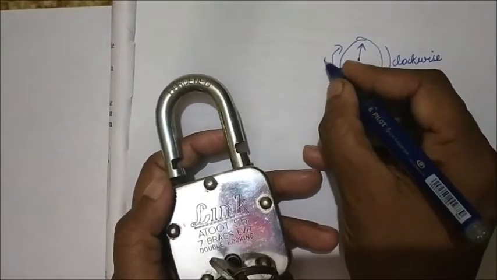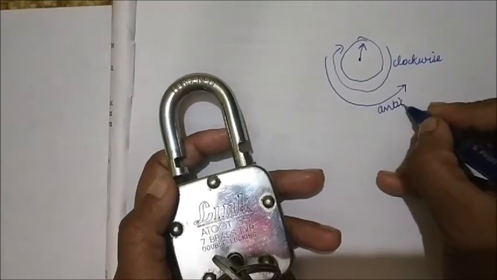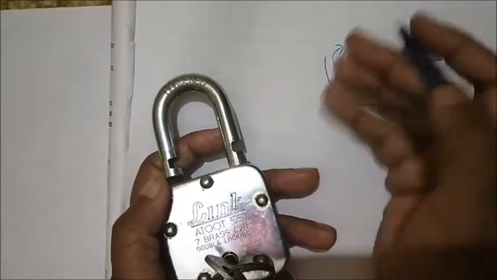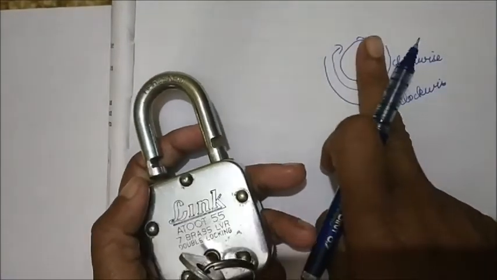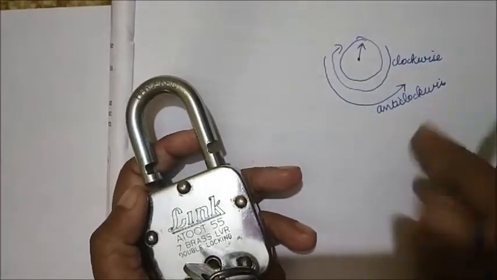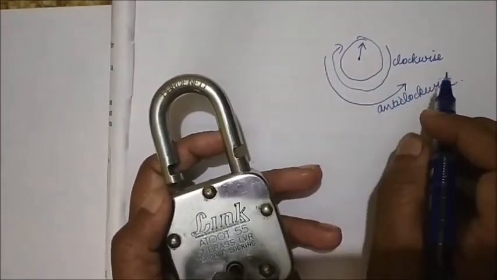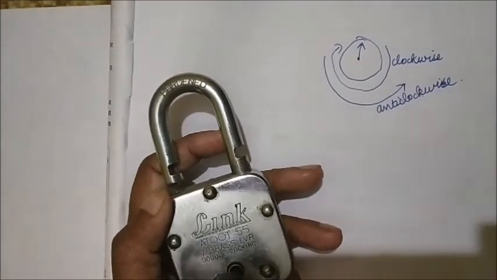Now if this is called clockwise, then the opposite direction is called anti-clockwise. If something rotates from here to here, a clock doesn't rotate like that, but there are other things that can rotate in this direction, then it is called anti-clockwise moment. Similarly, in moment of force we have clockwise moment and anti-clockwise moment.